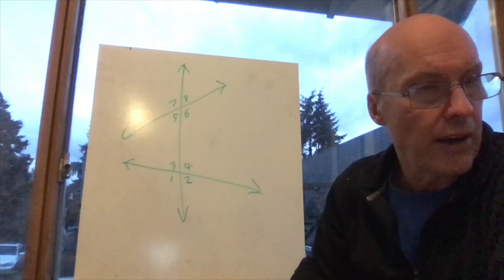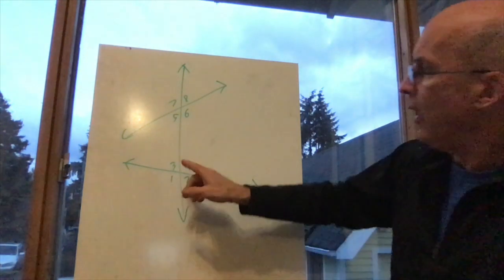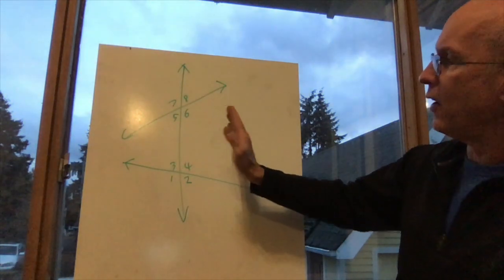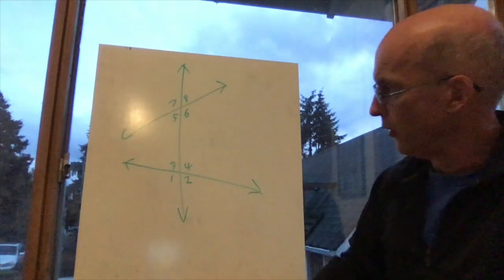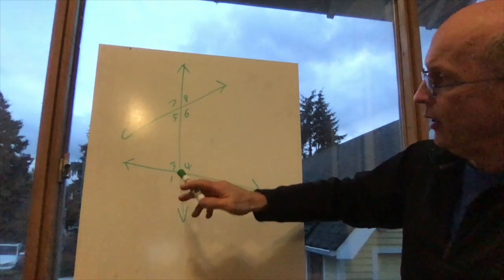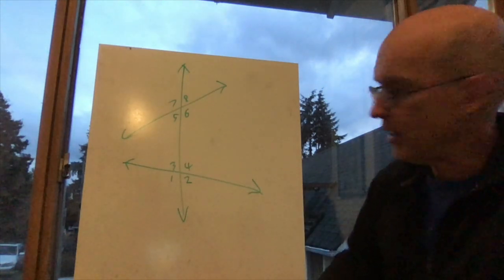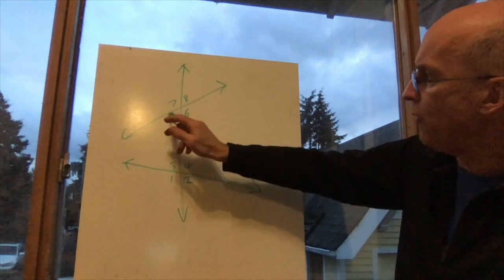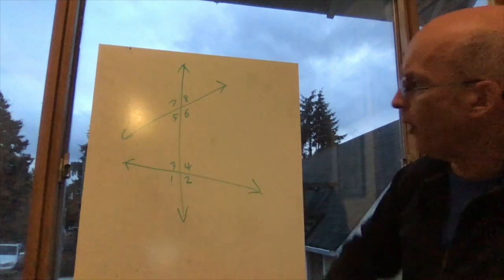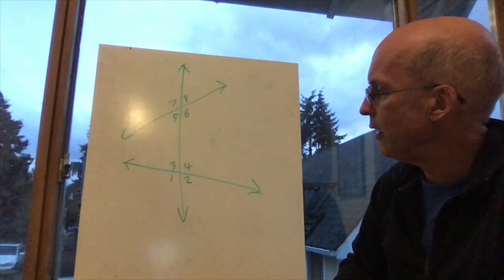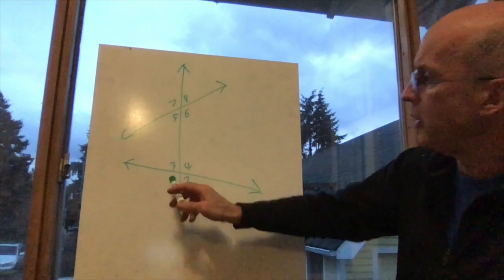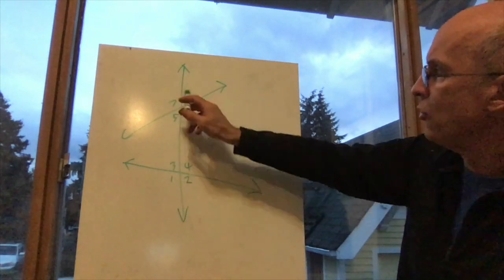Consecutive interior angles lie on the same side of the transversal. So consecutive interior angles would be like 3 and 5 or 6 and 4. Consecutive exterior angles would be 1 and 7 or 2 and 8.